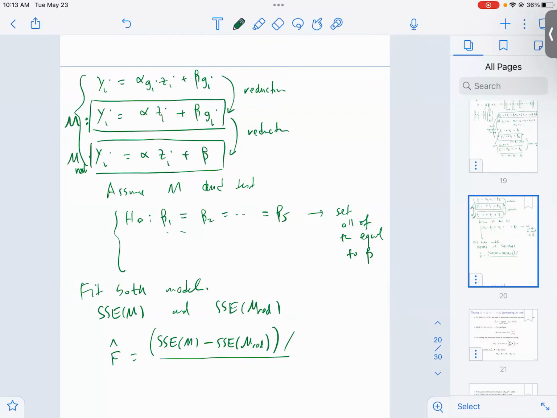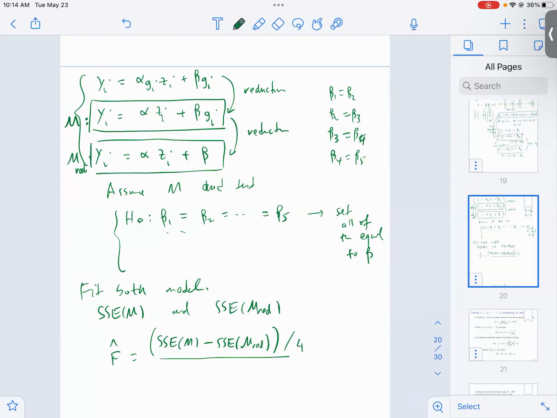So in general, what is it? Q. What is Q? Number of constraints. So how many linearly independent constraints do we have? We can have beta 1 equal to beta 2, beta 2 is equal to beta 3, beta 3 is equal to beta 4, beta 4 is equal to beta 5. 4. So we have 4.